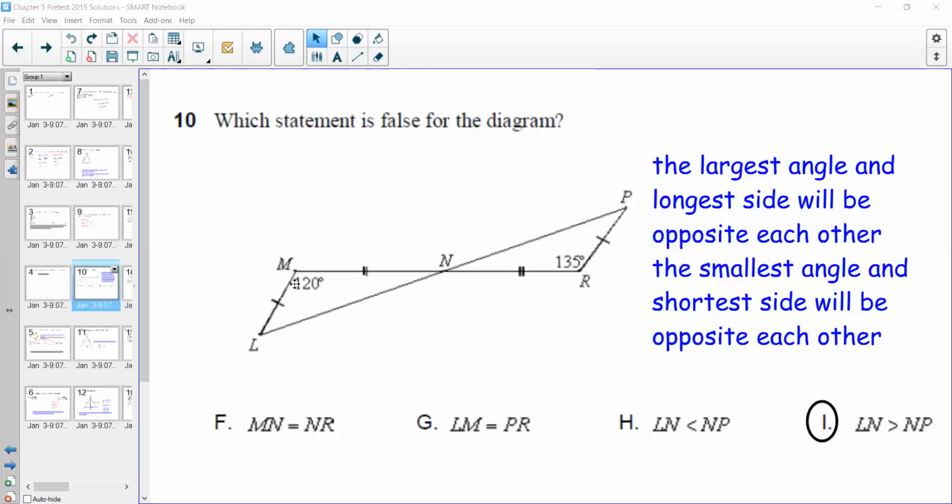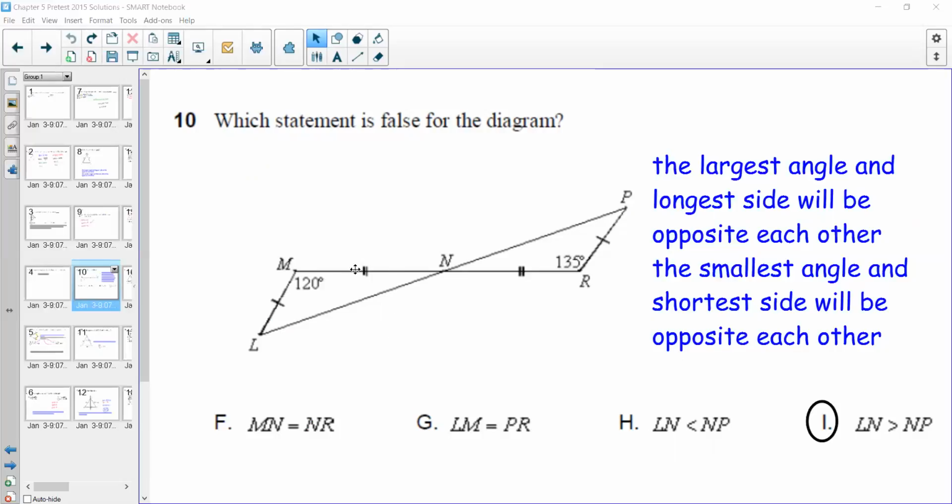And so since that's the case, the longer side is going to be opposite the larger of the two angles, and angle R is larger. So actually NP is greater than LN.